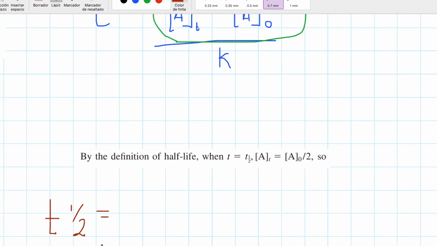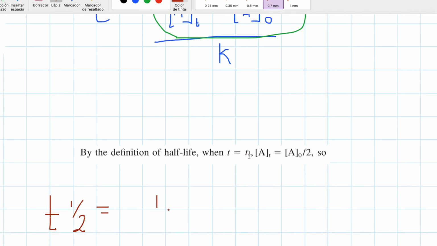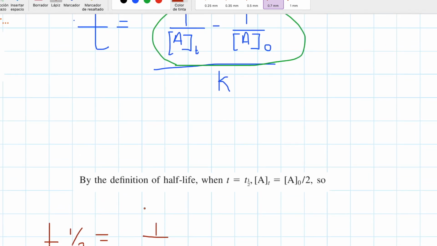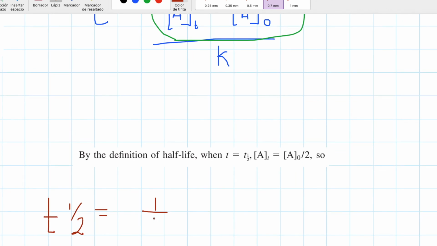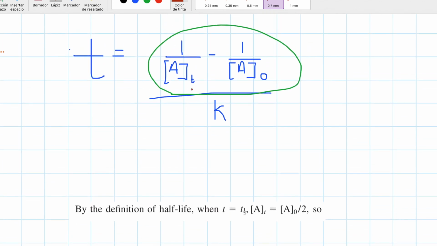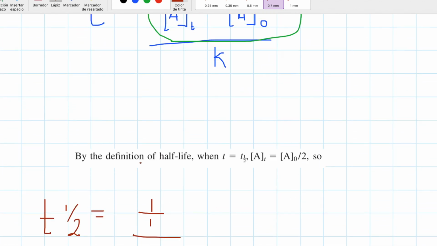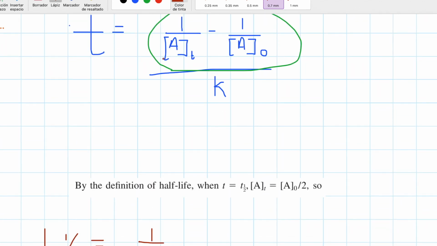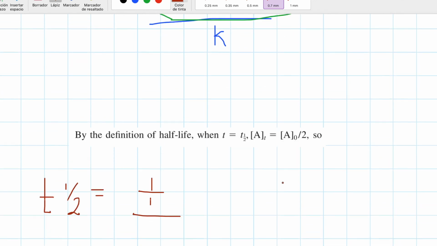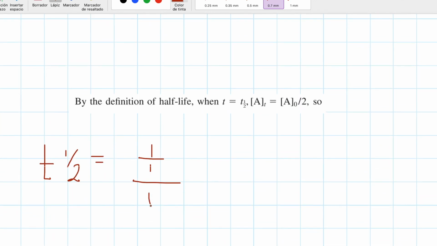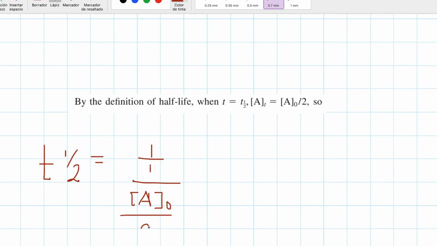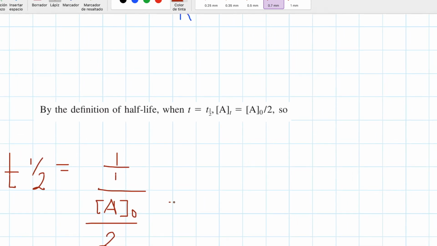So we would have T1/2 equals 1 over 1, because 1 over 1 is going to be 1, so we have a numerator of 1. And our denominator is going to be initial concentration over 2.